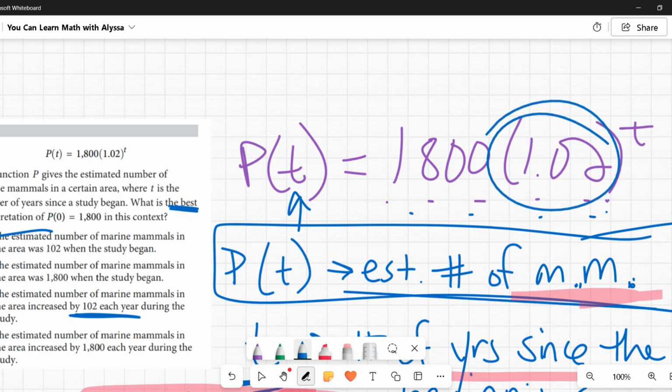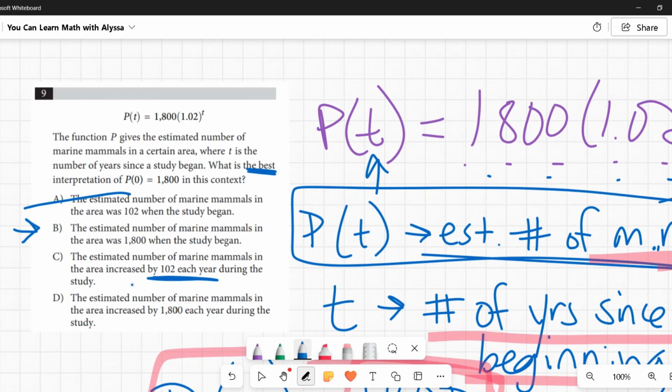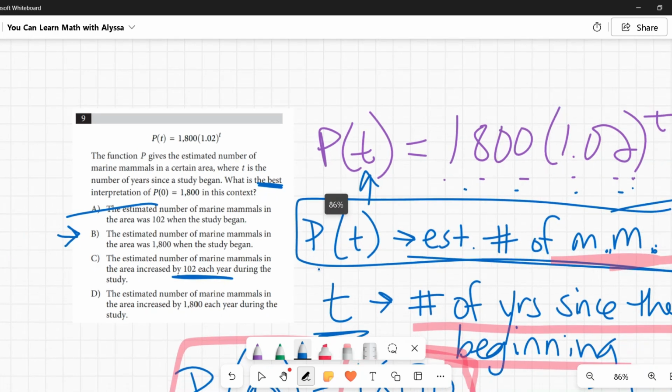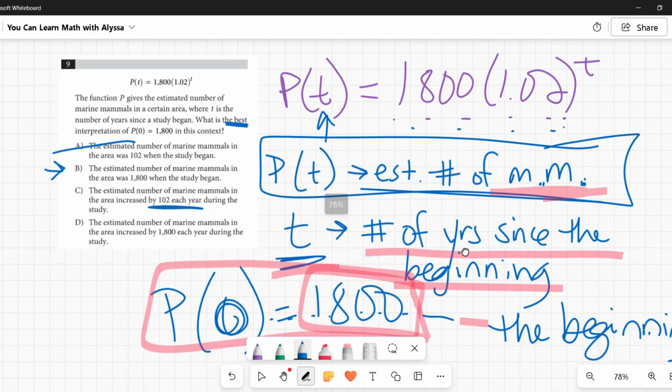So it's increasing by a percent. This represents a percent of a 2% increase each year. That's what that 02 means. So this is not a good answer. Even if they said increased by 102 the first year or the second year or something like that, you wouldn't have to do the math to determine whether that was right, because they weren't saying, is this fact true that it increased by 102 in a given year or each year?